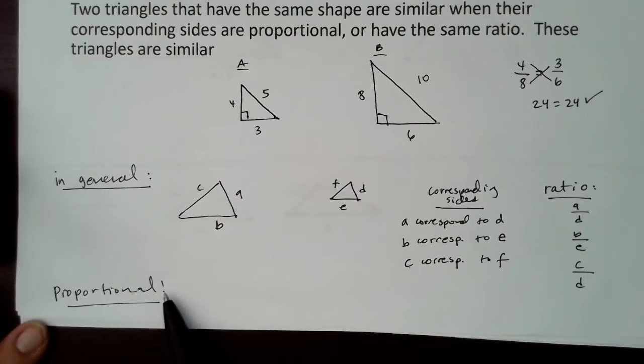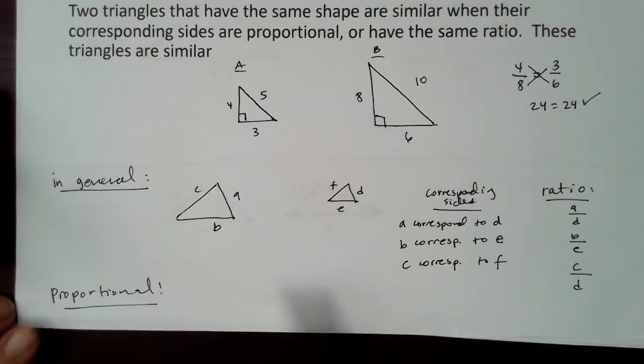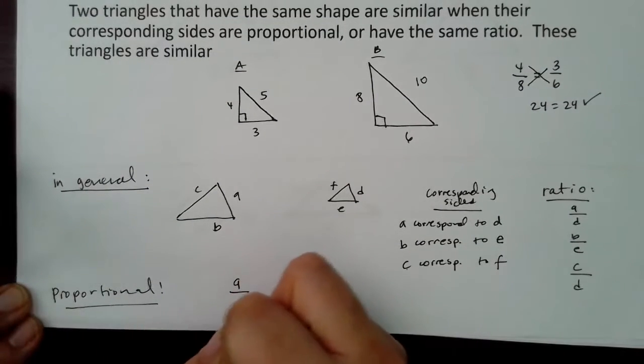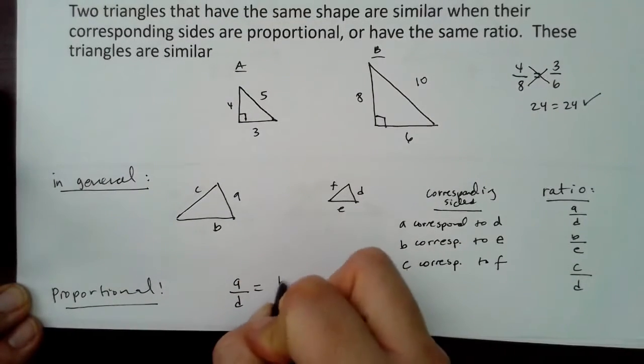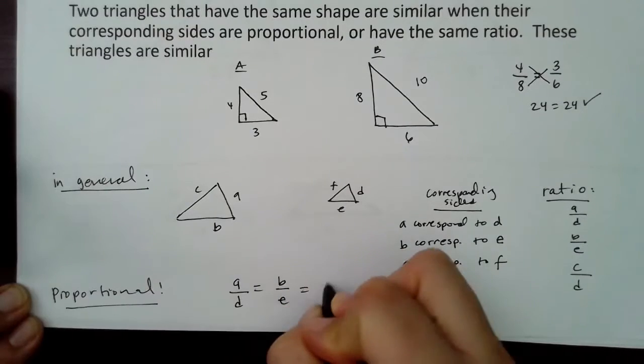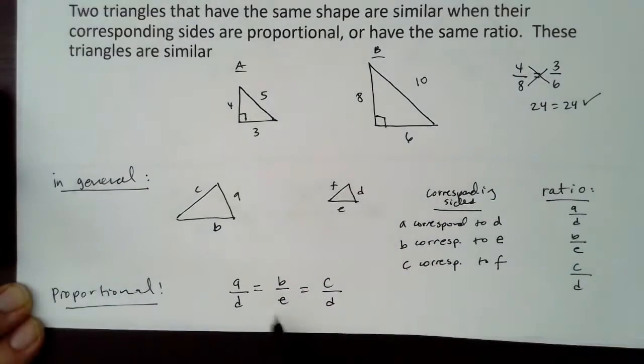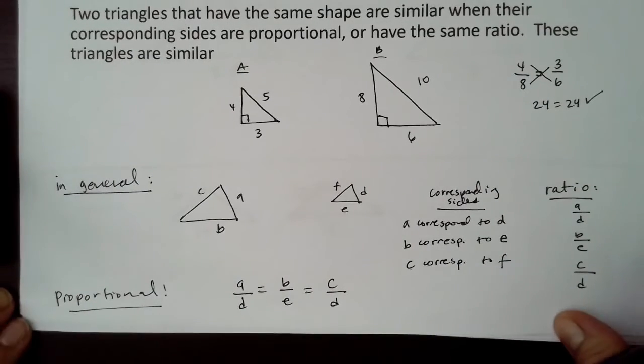That way we can write them equivalent. We can write A is to D as B is to E in the same way that C is to F. So of course, usually these will all be numbers or sometimes a variable when we're wanting to solve.